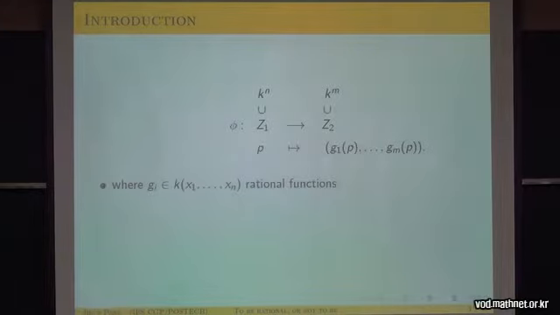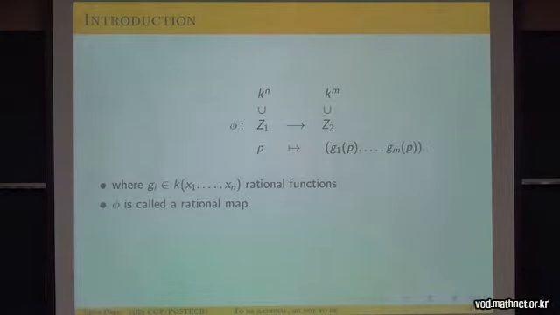Here each g_i is a rational function, polynomial over polynomial. Very simple. But I said this is a map, but it's not. To be precise, this is not a map because some rational functions are not defined on Z1. You have some points where your rational function is not defined.